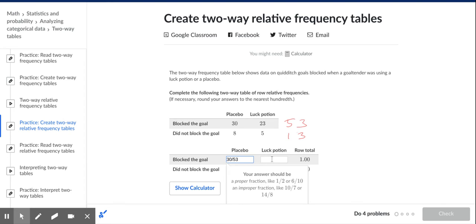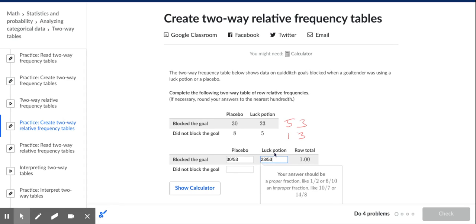Anyway, so then this one is going to be the other number, 23 over 53. So 23 over 53, which, if the last one was about 57%, then this should be about 43%, which is not a big difference.